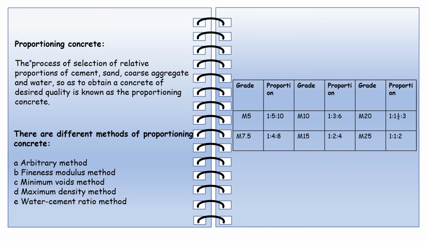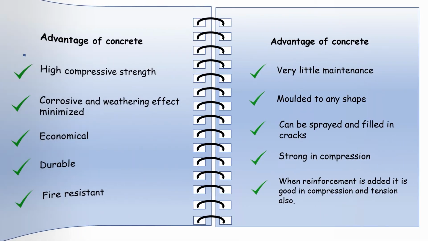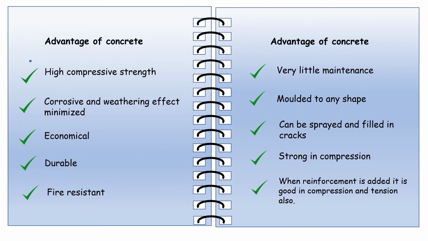You can also see a table of grade and proportion of the proportioning concrete. Advantages of concrete: high compressive strength, corrosive and weathering effect minimized, economical, durable, fire resistant, very little maintenance, molded to any shape, can be sprayed and filled in cracks, strong in compression. When reinforcement is added, it is good in compression and tension also.